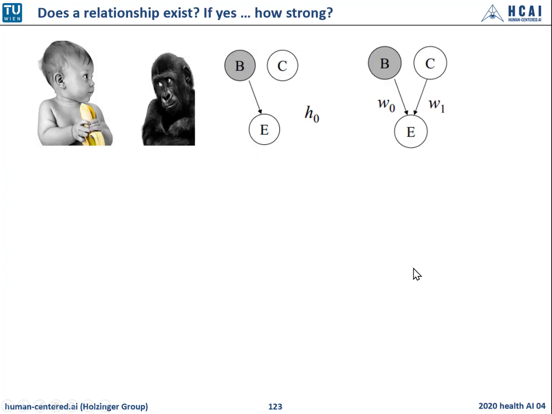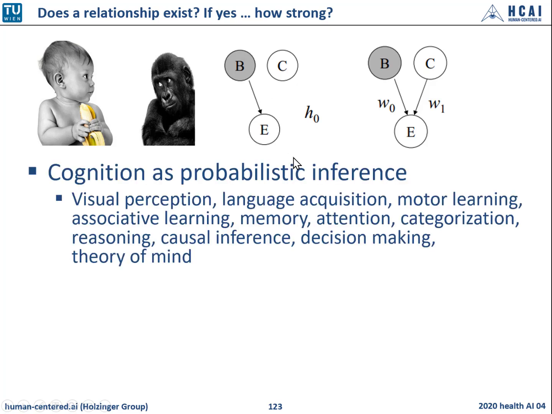Okay, concluding, so we are at the end of the lecture. Just so that you see how graphical models can help: for example, does a relationship exist? If yes, how strong?